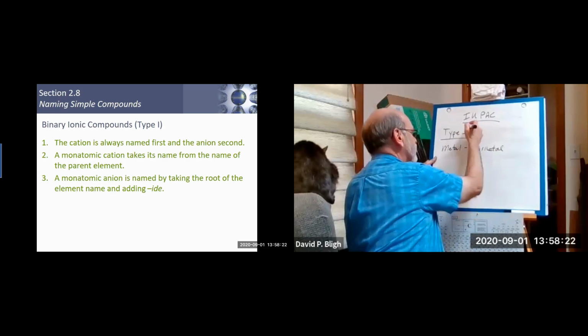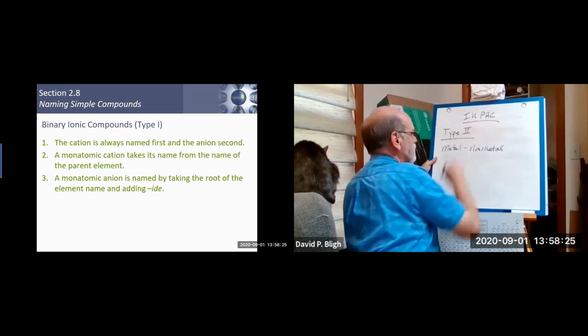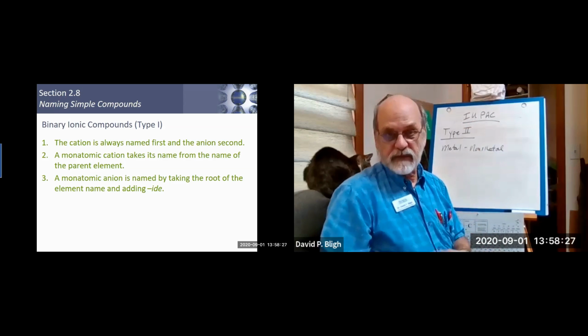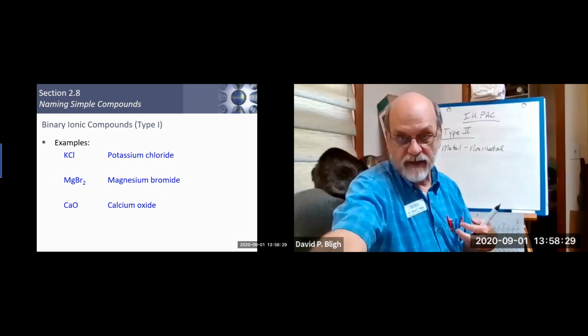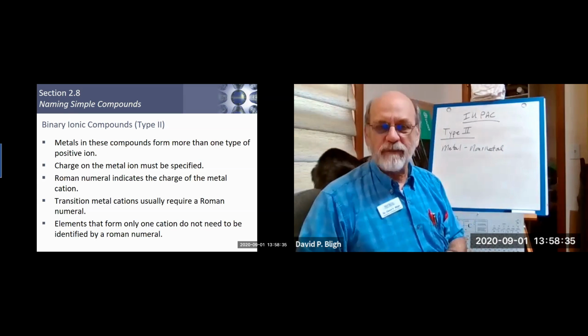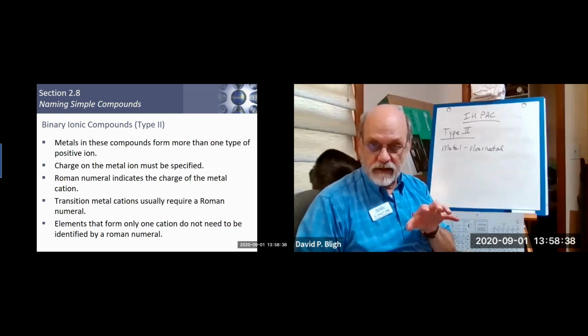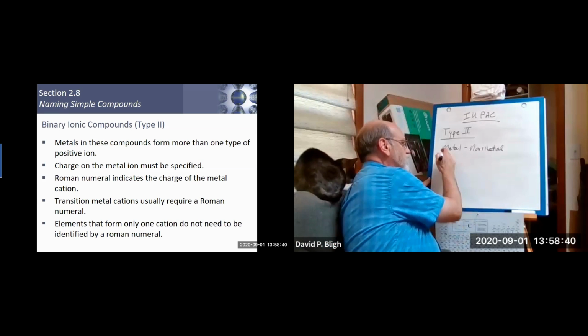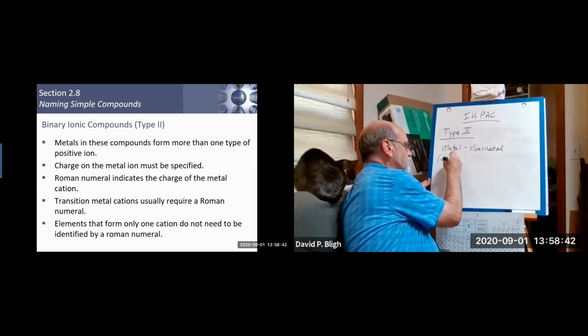Okay, so now we have type 2. Type 2 compounds are also metal, non-metal. We'll come back to those examples in a minute. The type 2 compounds are always metal and non-metal, but the metal can have a variable charge.